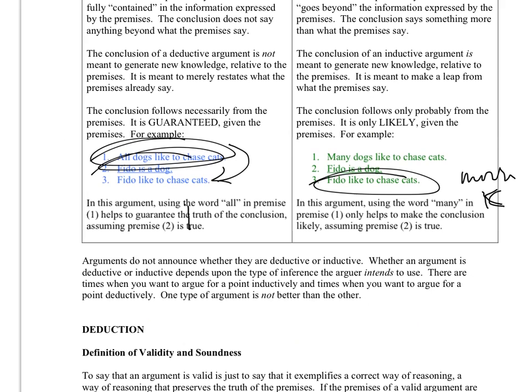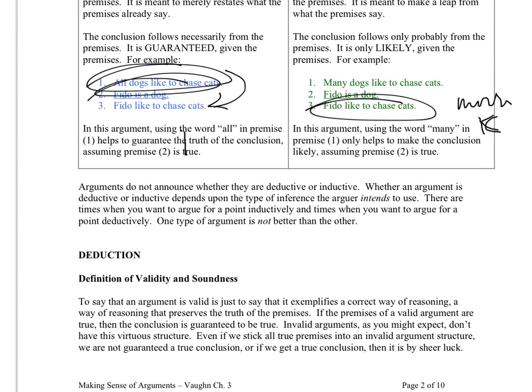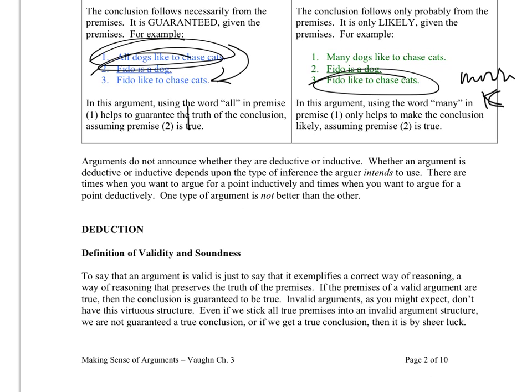These are different argumentative tools. So I want to then go on to explain a little bit more about deductive arguments and in particular cover some of the concepts that apply to deductive arguments to analyze what makes a deductive argument good or not so good.